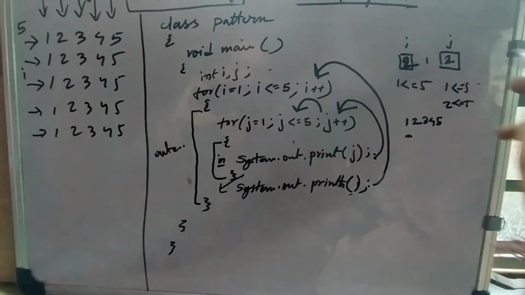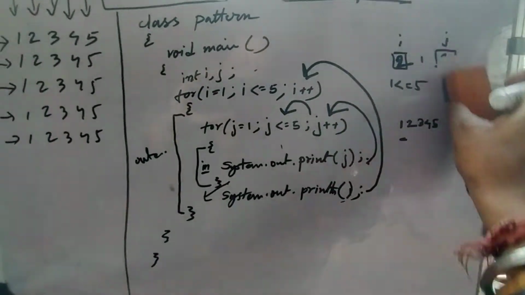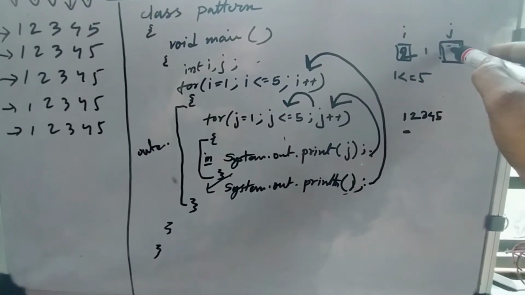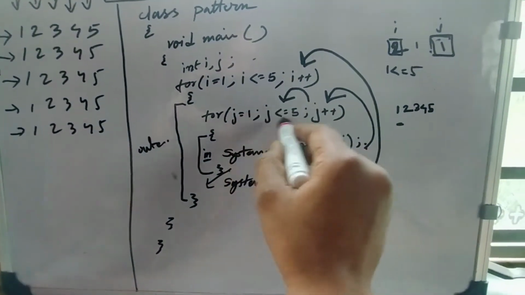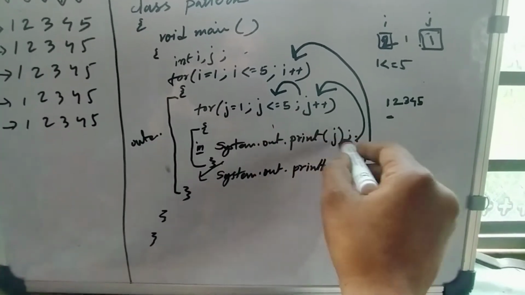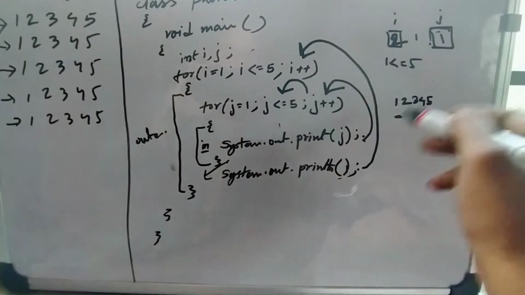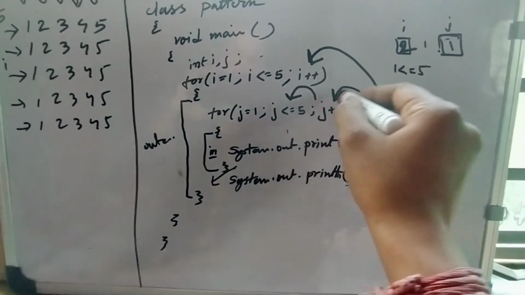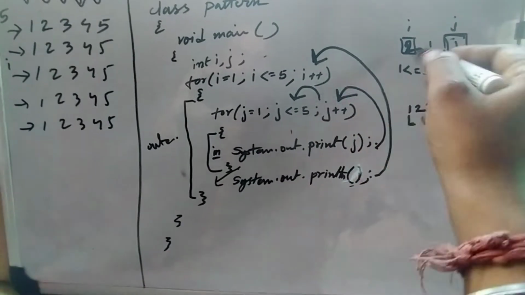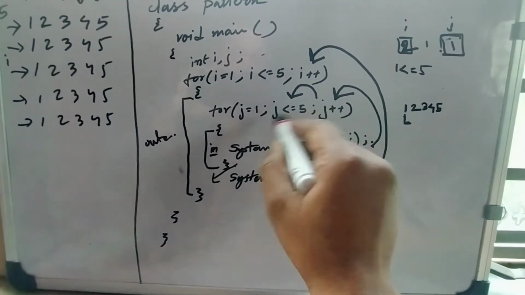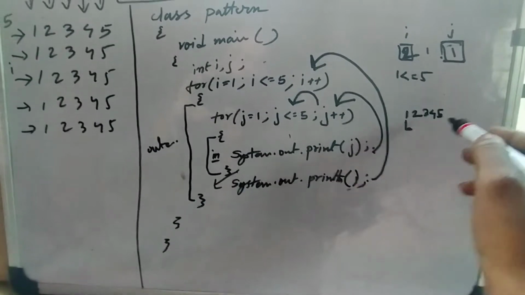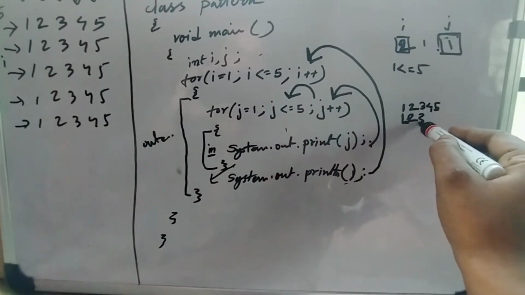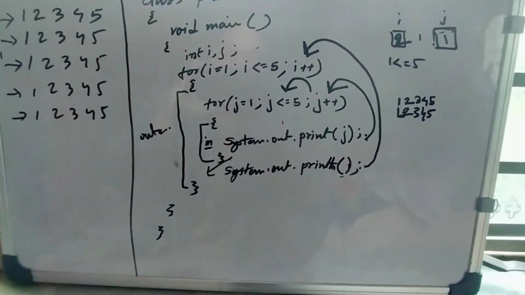Now again the initialization of j, since it is a fresh loop, happens from 1, checks with 5, the condition matches, comes down, prints the value of j, 1. Then it increases, j becomes 2, the condition checks, 2 less than equals to 5, and prints 2, again 3 prints 3, 4 and we have 5.